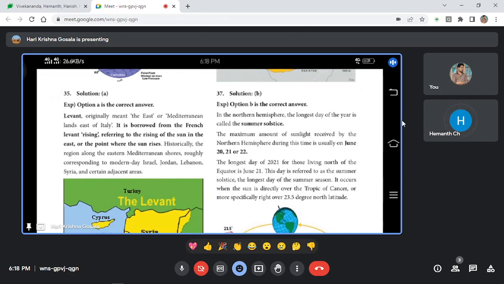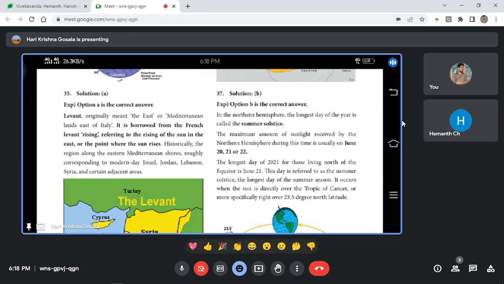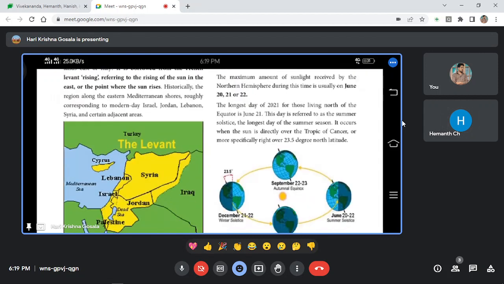It is borrowed from the French Levant, meaning rising, referring to the rising of the sun in the east, or the point where the sun rises. Historically, it is the region along the eastern Mediterranean shores, roughly corresponding to modern-day Israel, Jordan, Lebanon, Syria, and certain adjacent areas.